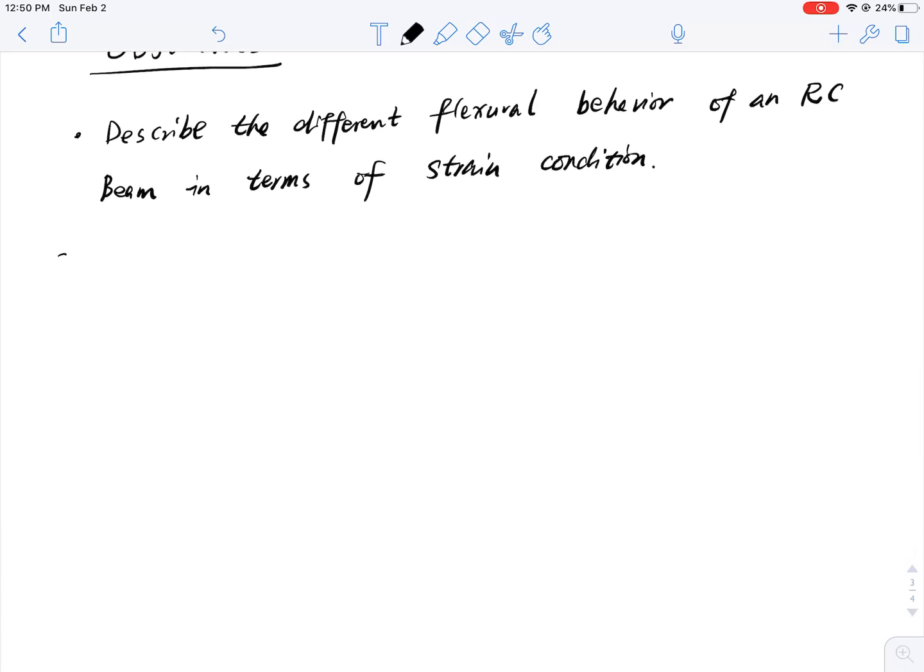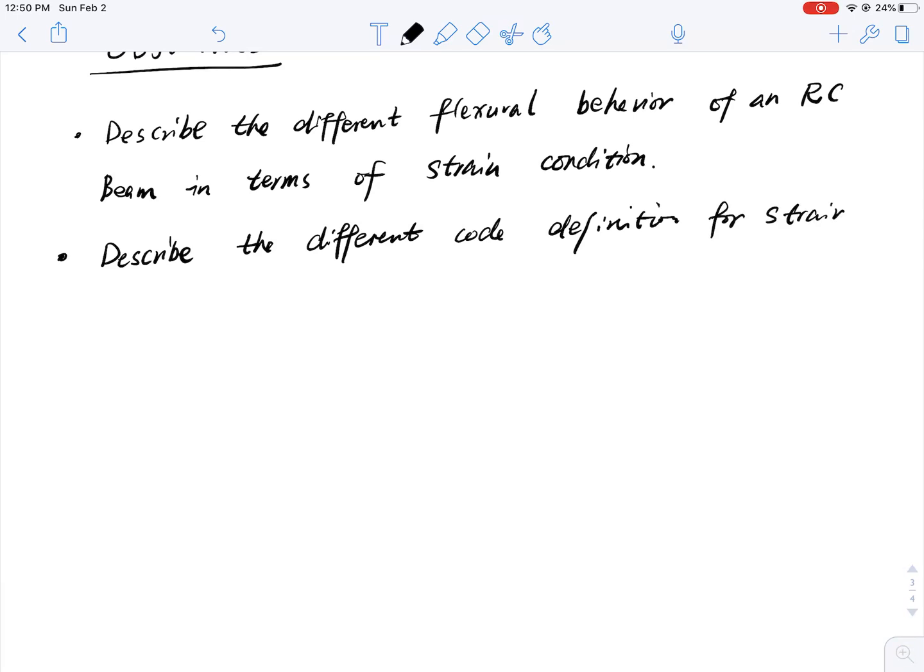Second, we need you to be able to describe the different code definition for strain conditions.